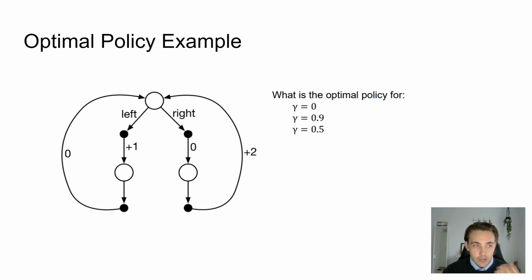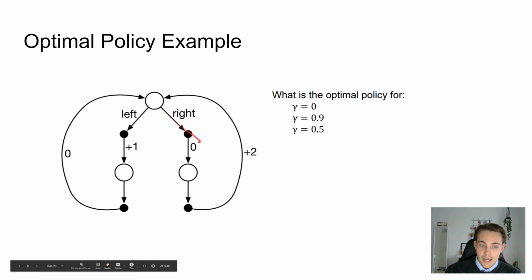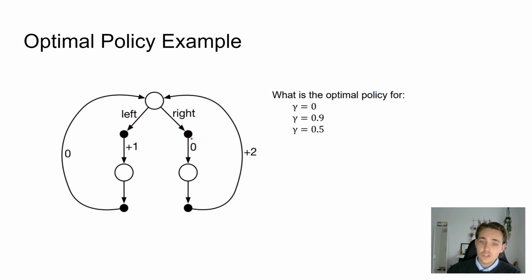So an example of an optimal policy here is that we have some agent that can take some actions, and then it will get some rewards for the action it takes. When we're talking about the optimal policy and we have these discounted returns, when we have a gamma equal to 0, then we only care about the reward that we get in the next state.